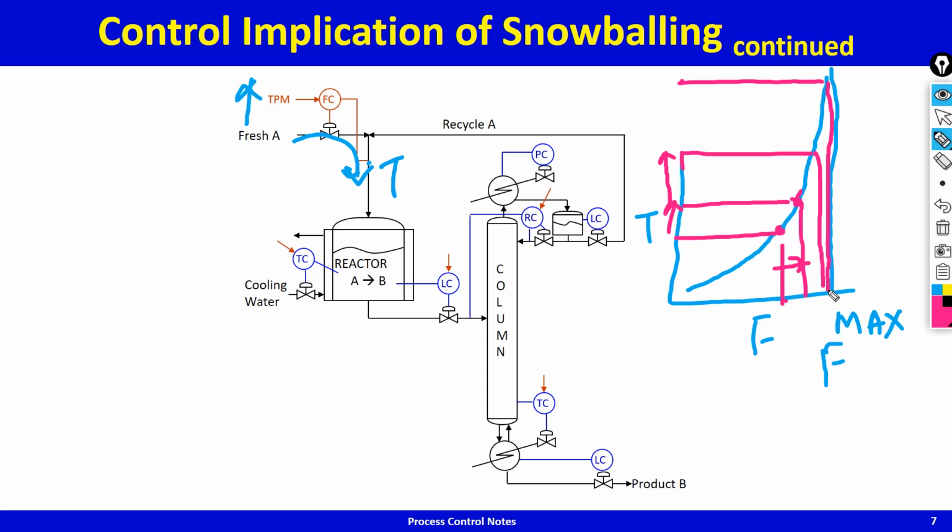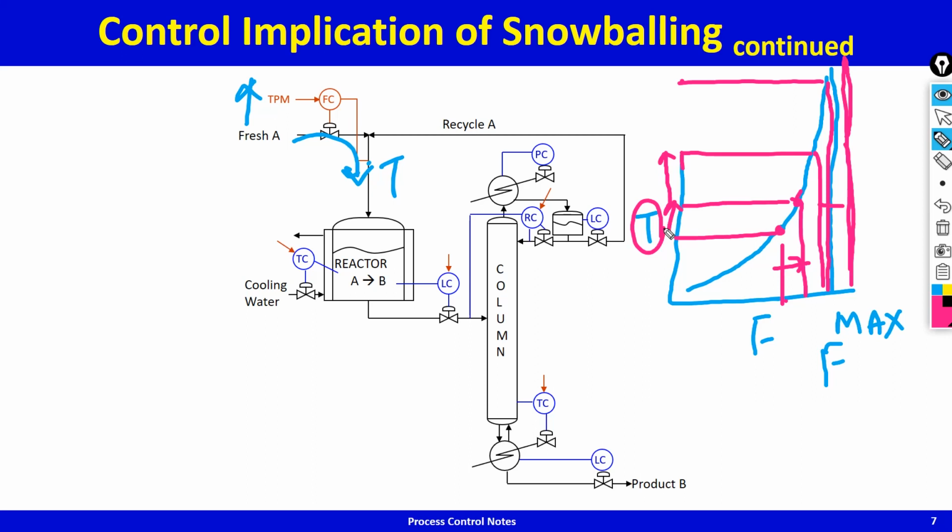On the other hand, if I am specifying F, if I crank up production and bring it here, oh, now I have become overfeed. Now I am overfeeding. So you see the benefit of specifying T is this guarantee of ending up at a steady state and never exceeding that maximum limit.